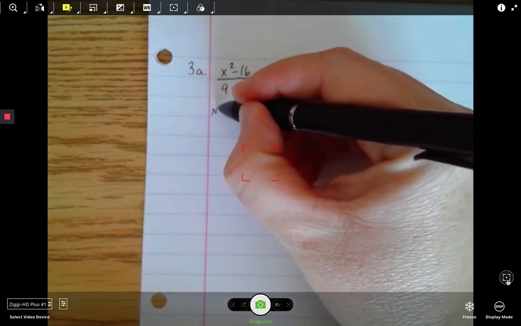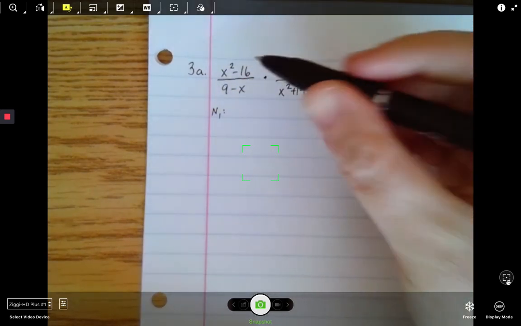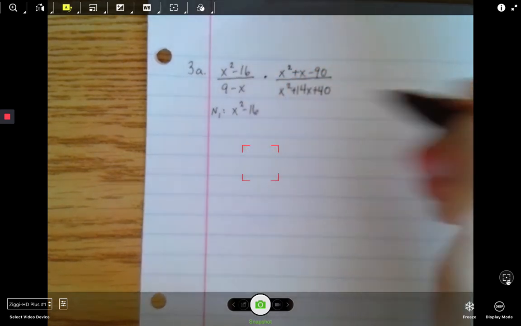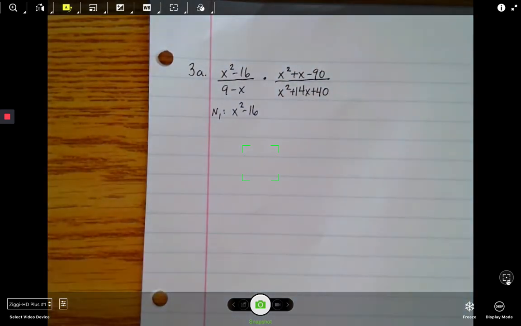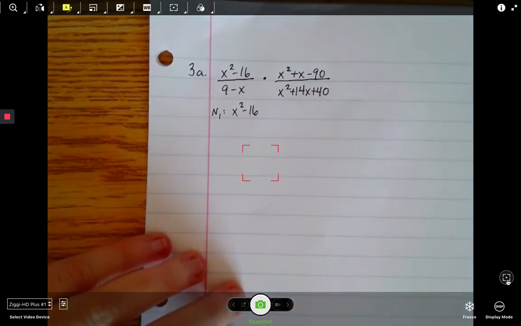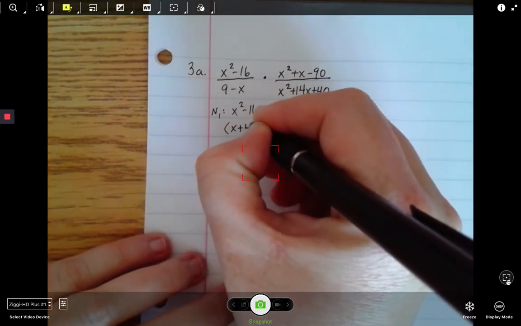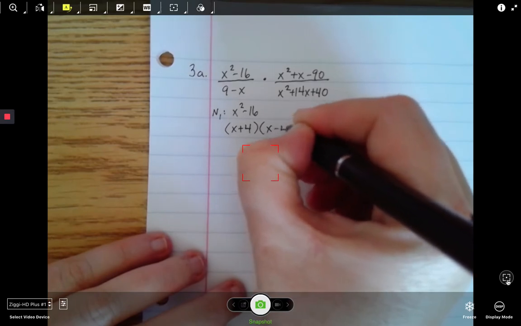Alright, I'm going to write this as numerator 1. It's x squared minus 16. Well, that's the difference of squares, I notice again. So what's the square root of 16? 4. So this is x plus 4 times x minus 4.